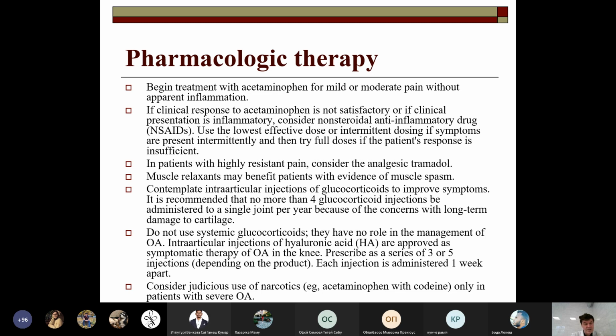Please don't use systemic corticosteroids, to prevent systemic osteoporosis, especially in female patients having perimenopausal osteoporotic changes.